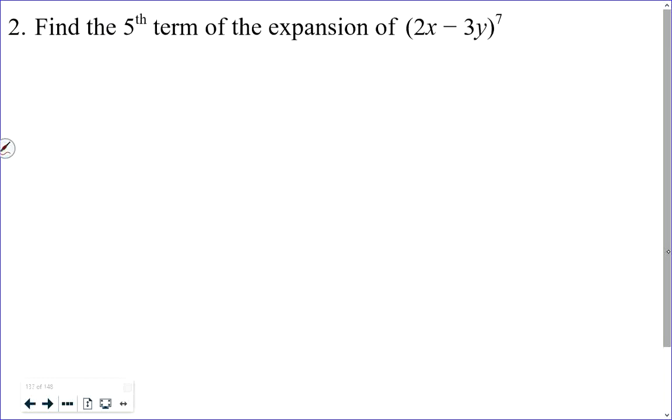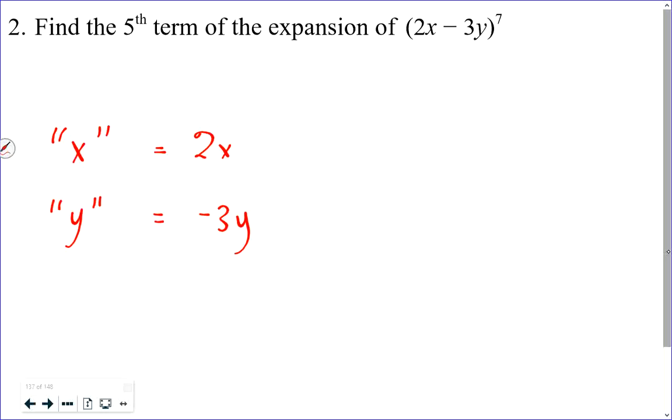All right. So what is the 5th term in this expansion? What we're going to do here is the following. We're going to say that we are comparing x to 2x, and we are comparing y to negative 3y. And we have to go away from writing the first, second, third, fourth, fifth.